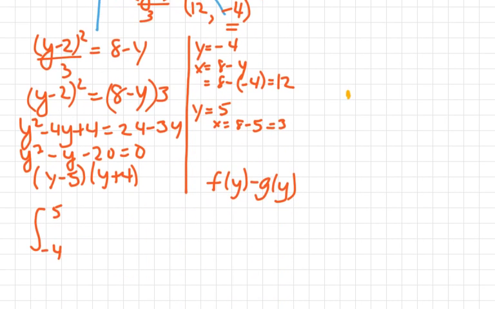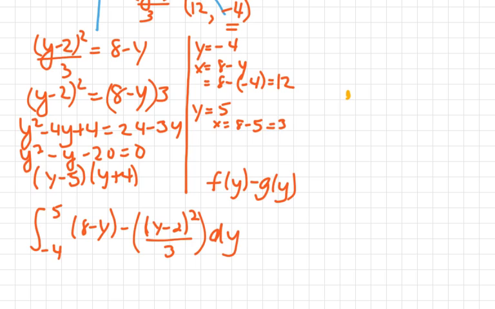So f of y is 8 minus y, and g of y is the parabola, which is (y minus 2) squared over 3 dy. So that's your integral set up. Now they did ask you to solve it in this problem, so I want to go all the way through to get the answer.